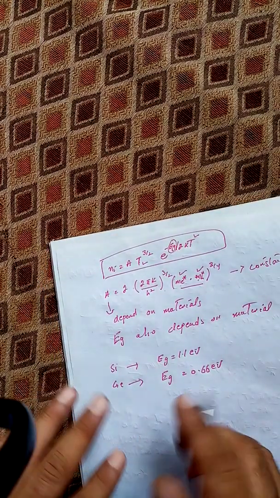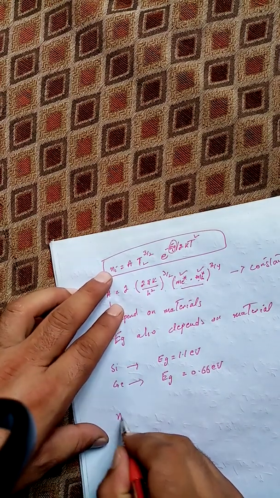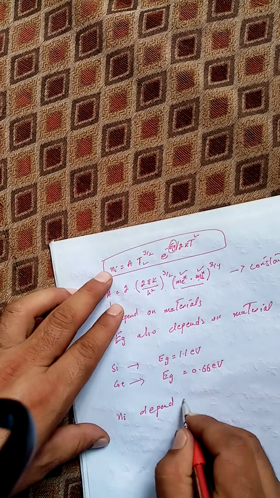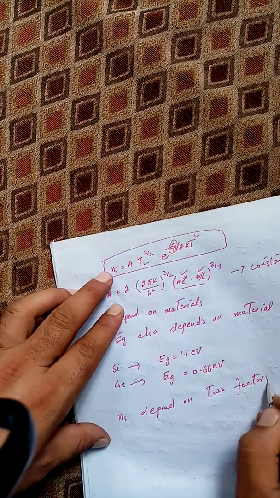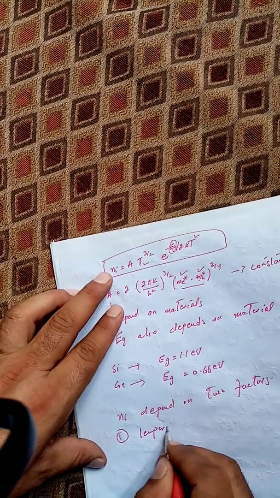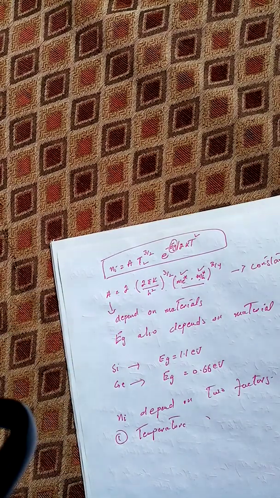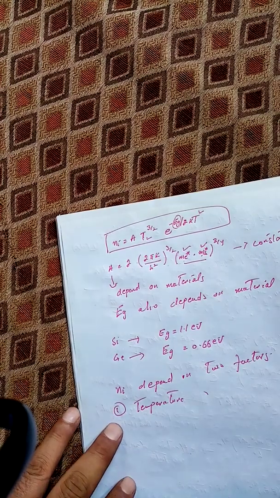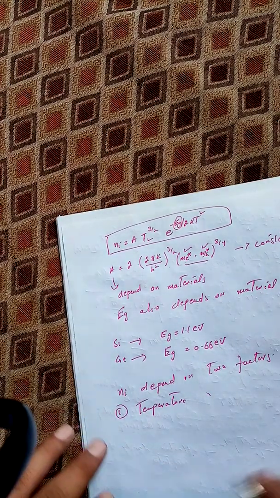From this, we can say that Ni, the intrinsic carrier concentration, depends on two factors. Number one, temperature, like how much the temperature is when we are studying the material.